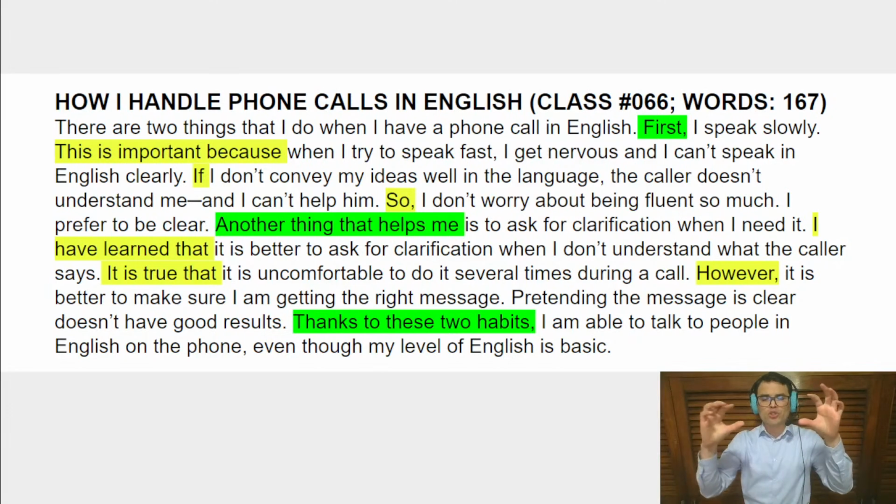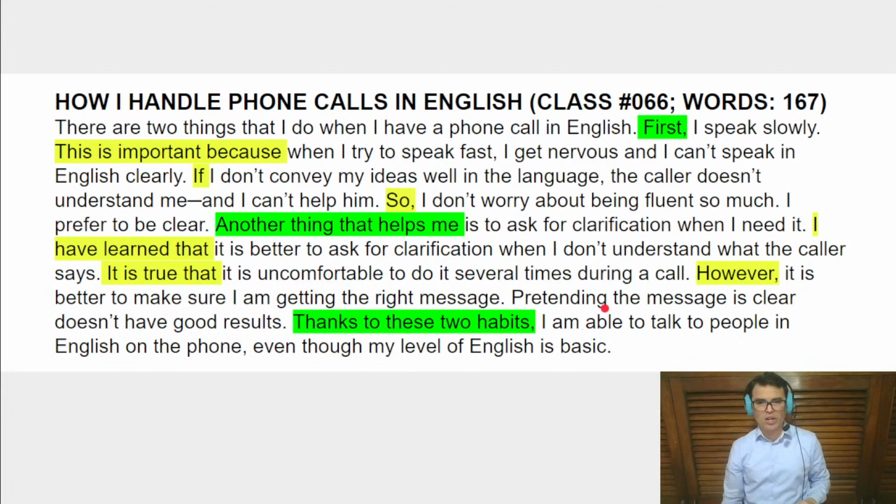But each part also has its own connectors. In yellow, for example: this is important because, if I don't convey, so, next, I have learned that, it is true that, however, so. This paragraph has been divided into three parts by those green highlighted parts of the text, and we also have yellow. And yellow is helping us to organize the information within each section of the paragraph.